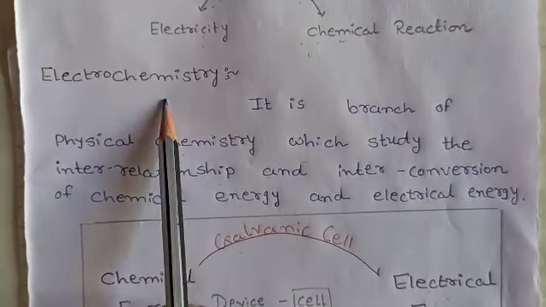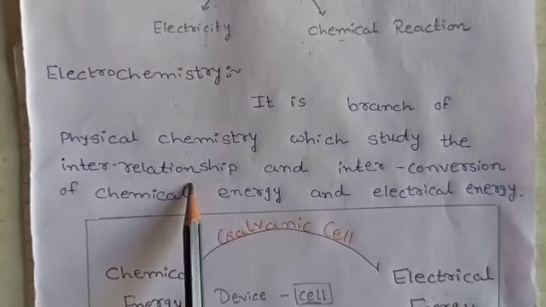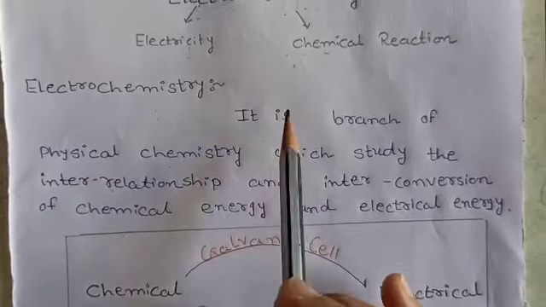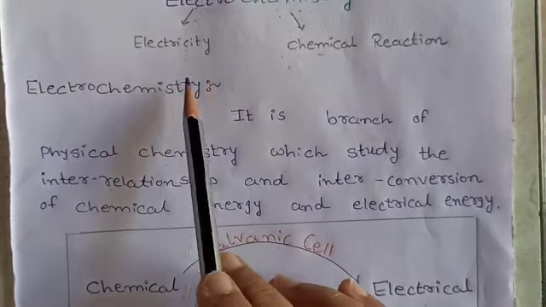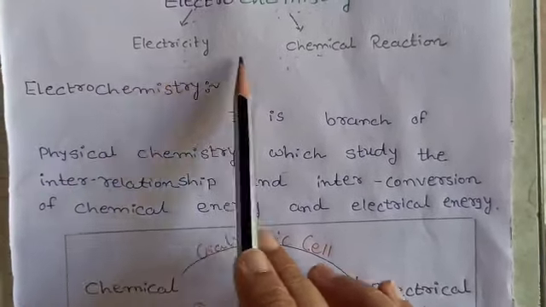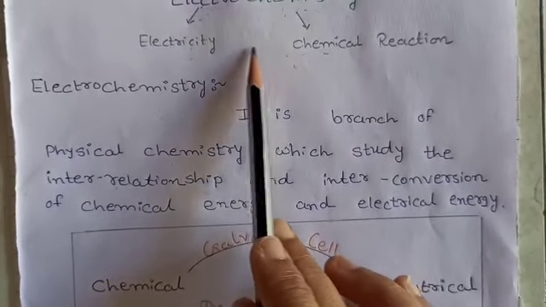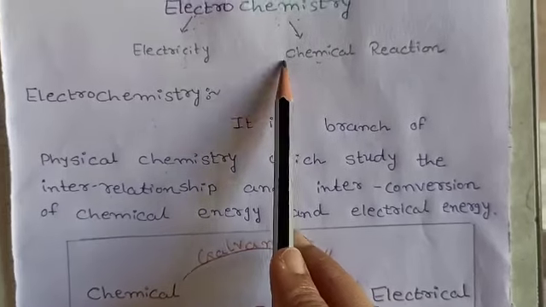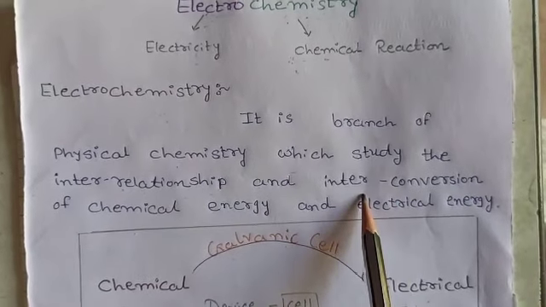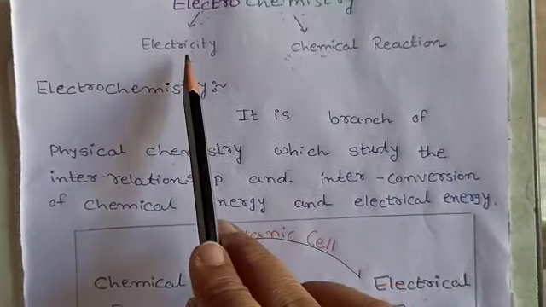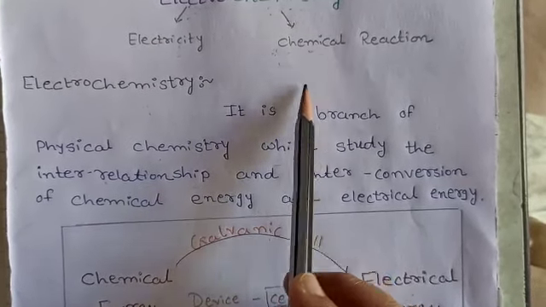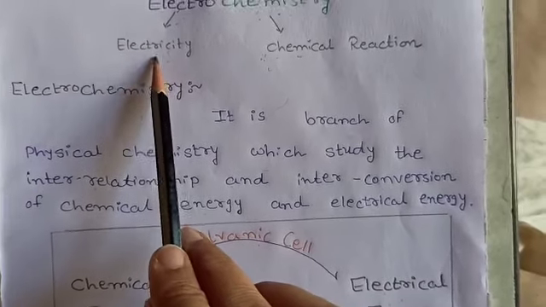Means in electrochemistry we have to study the interrelationship between chemical energy and electrical energy. We study the correlation between electricity and chemical reaction, and we can also interconvert, means we can convert electricity into chemical energy and also convert chemical energy into electricity.